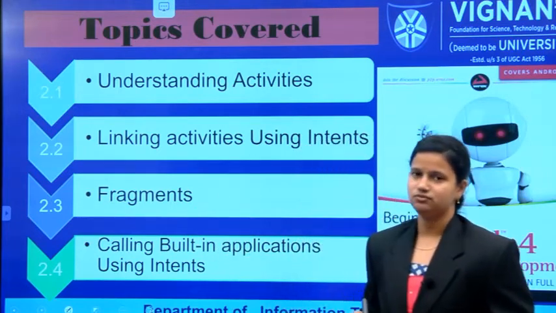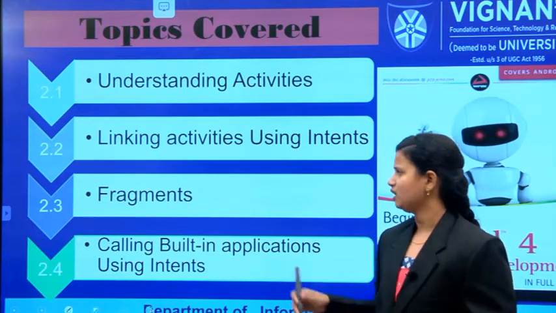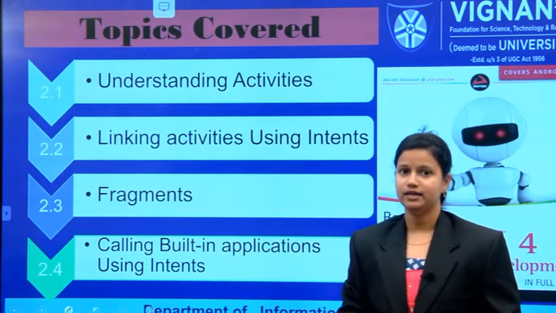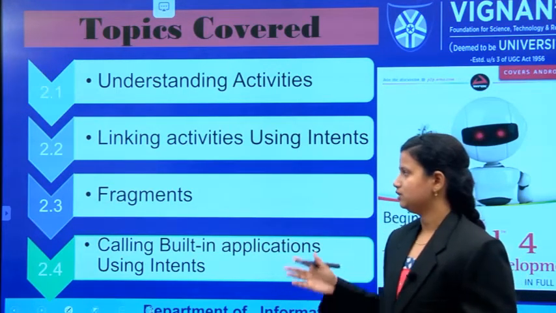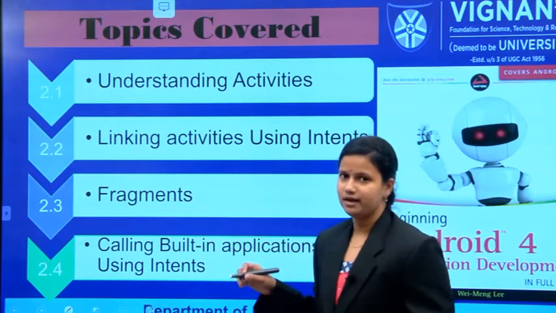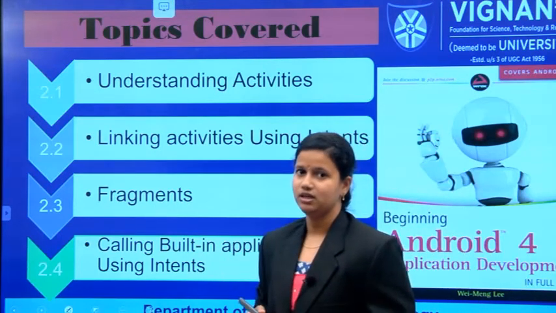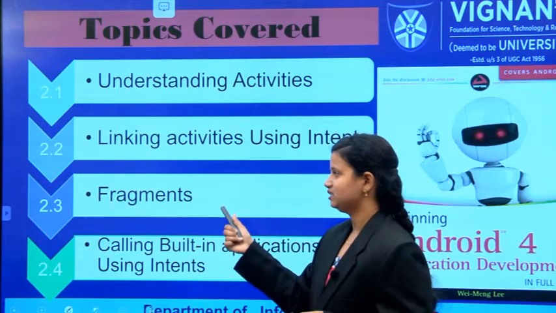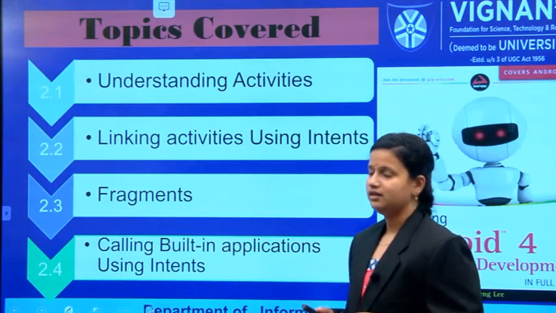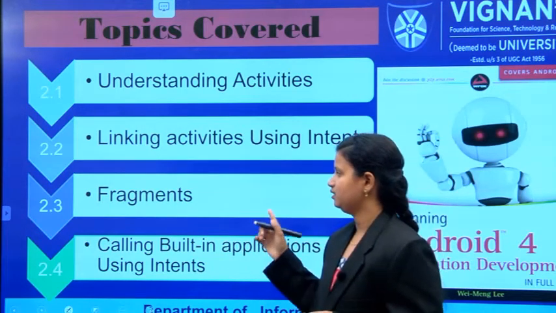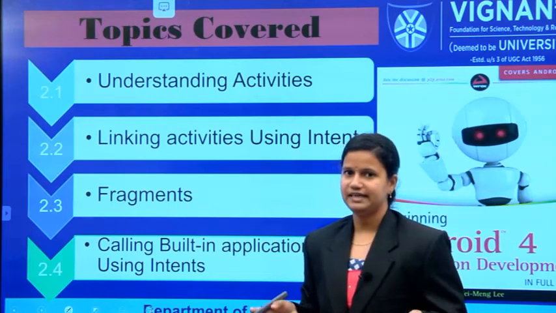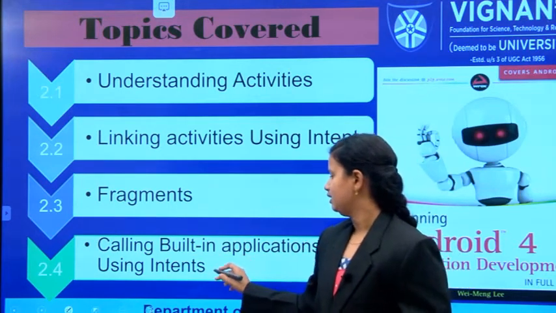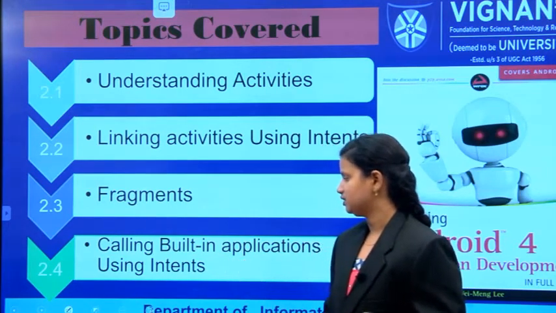In fragments, we completed how to create different fragments, either statically or dynamically, and how to provide interaction between the fragments. And the next one is calling built-in applications in 2.4.